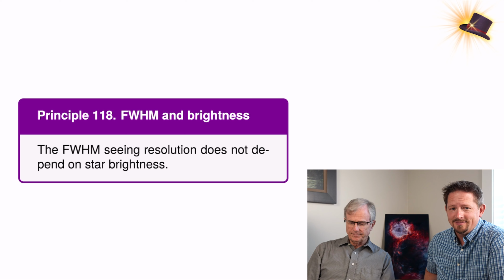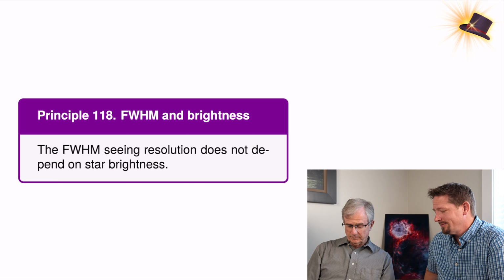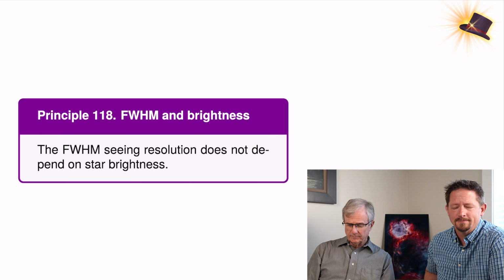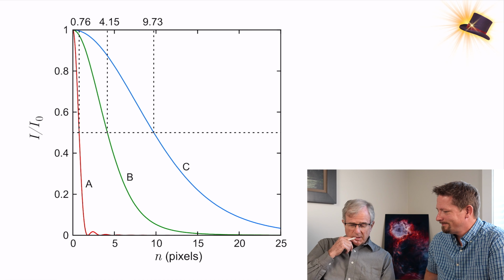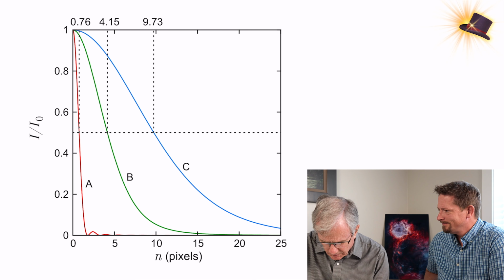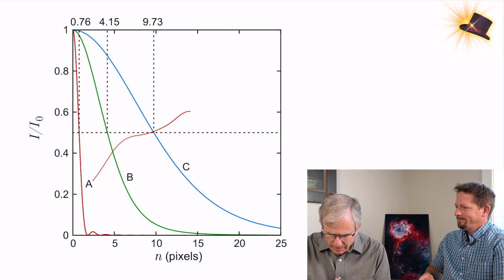Principle 118, full width half max, and brightness. The full width at half max seeing resolution does not depend on star brightness. This is, I think, the final graph that we want to show here.